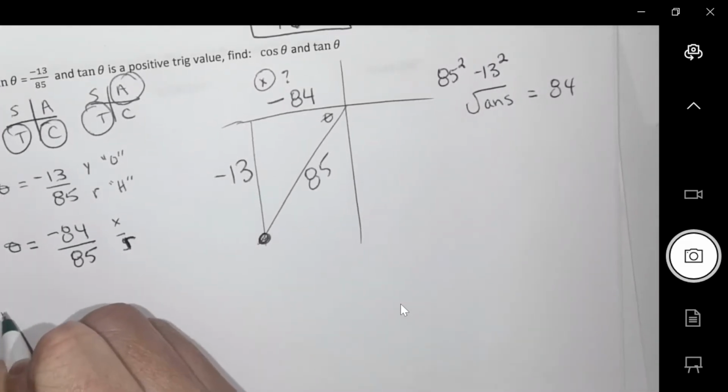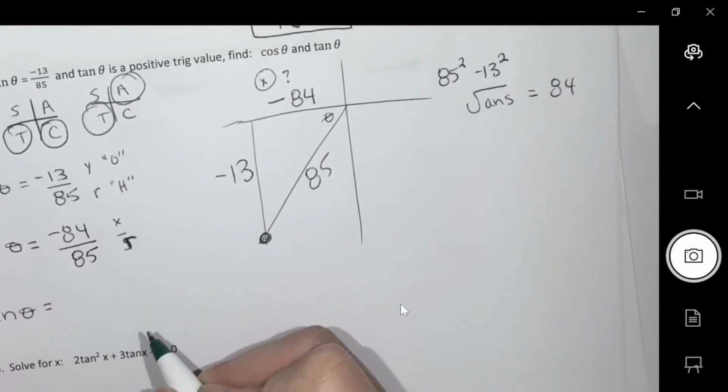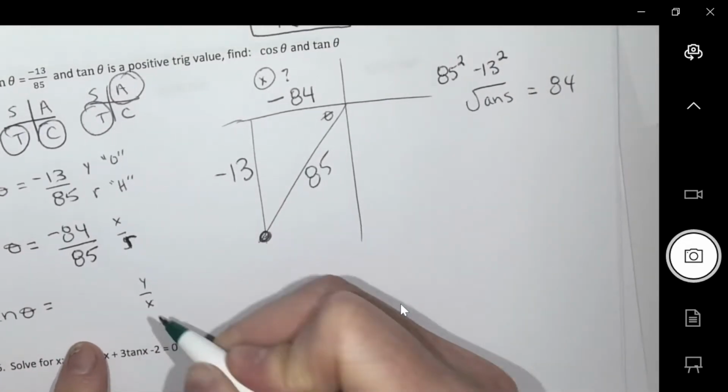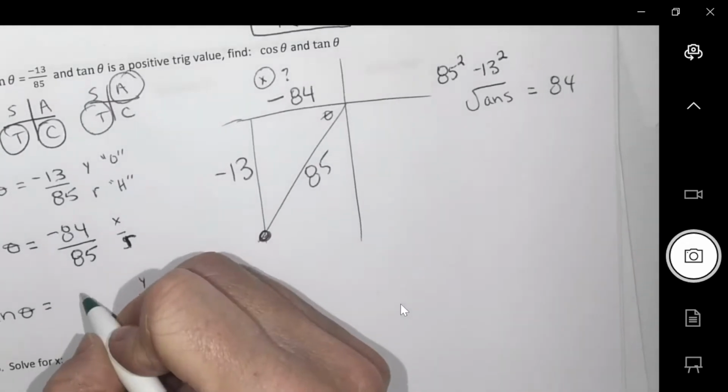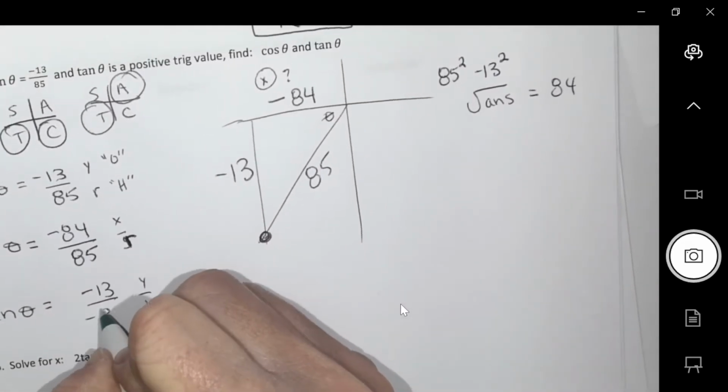And the tan of the angle is, and then I look on my formula sheet and I see a y over an x, so y over x.